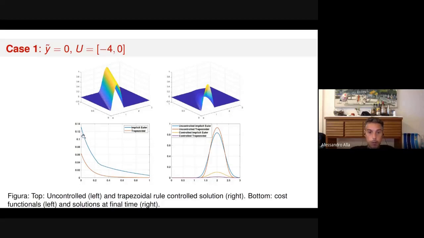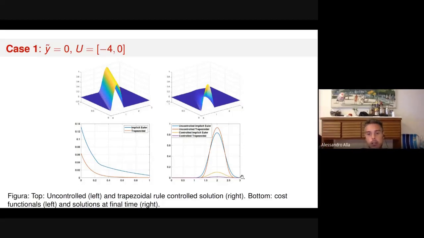Here we also have a comparison between a first order method and a second order method. So clearly, this is the evaluation of the cost function. So clearly, we can see that the second order method is better than the first order method. This is not surprising, but this is just a confirmation. And also, this is the final configuration of the advection equation. You see here that since we have a second order method, the uncontrolled problem is less diffusive.